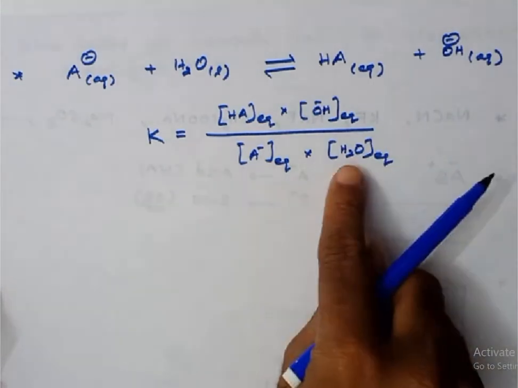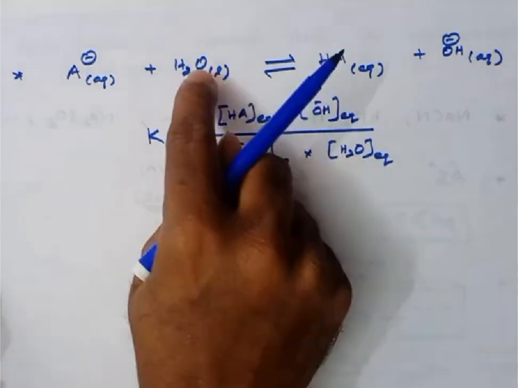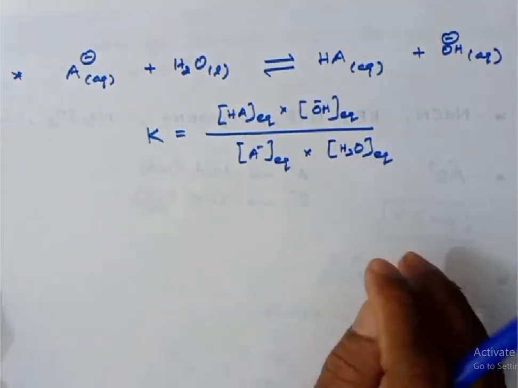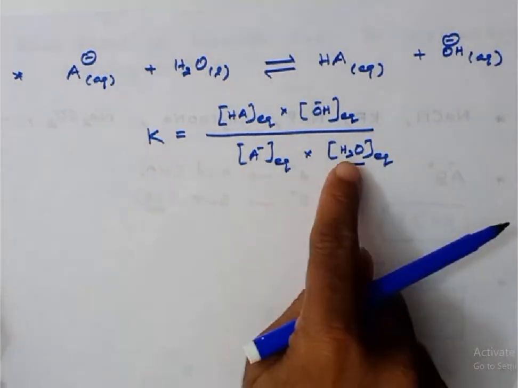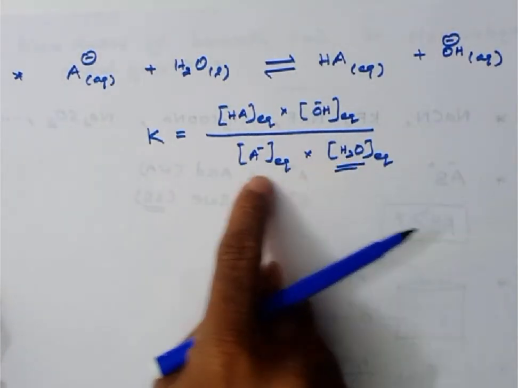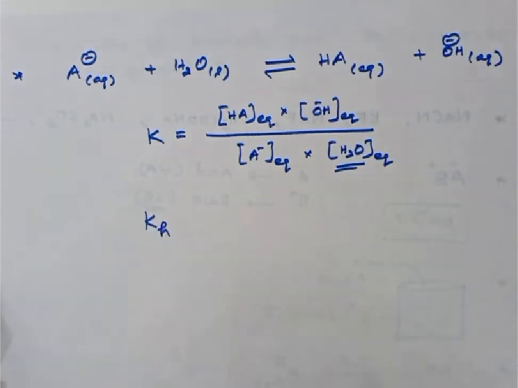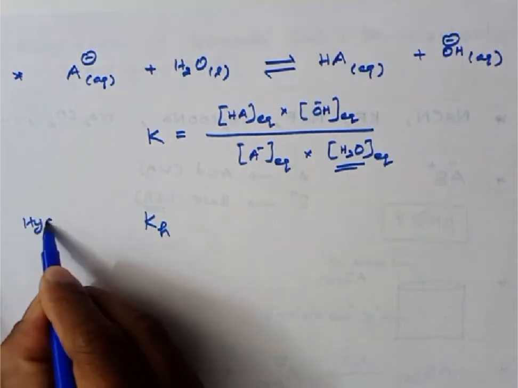But we are taking water in excess, therefore the change in concentration of water is negligibly small. Therefore, you can assume this as a constant. So if I multiply this with this constant, I will get a new constant. Let me represent that as KH, where KH is called the hydrolytic constant of the salt.